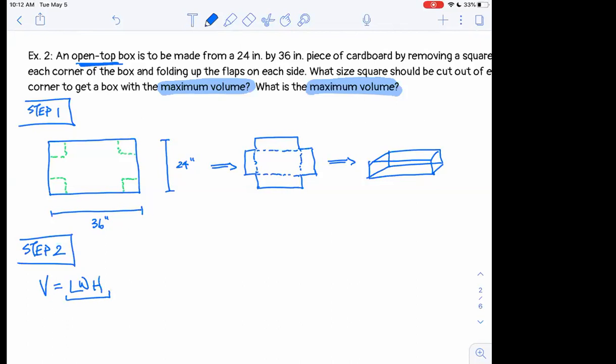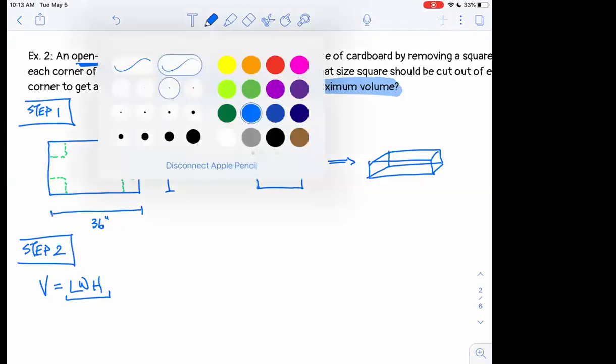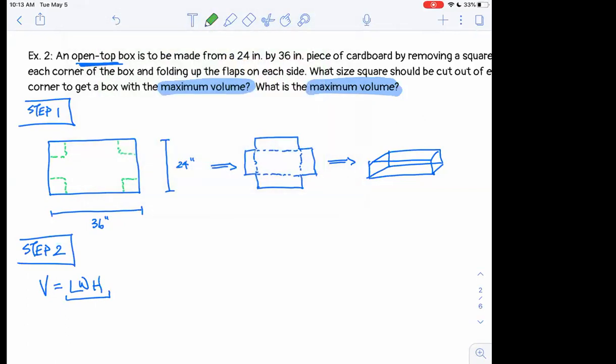So let's go back to our diagram to help us figure out how to do this. Well, this part that I cut out, okay, on this diagram, that would be like this part. Would you guys agree that like this corner is the same as the other corner that's shaded green? Yeah. Okay.